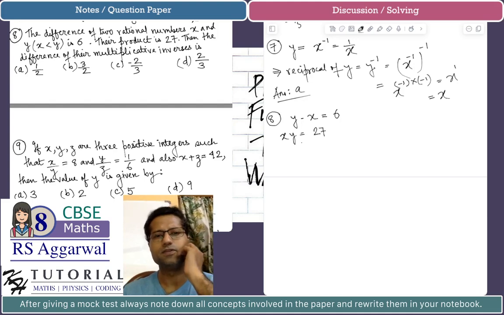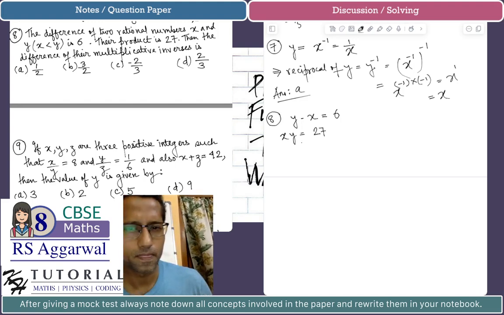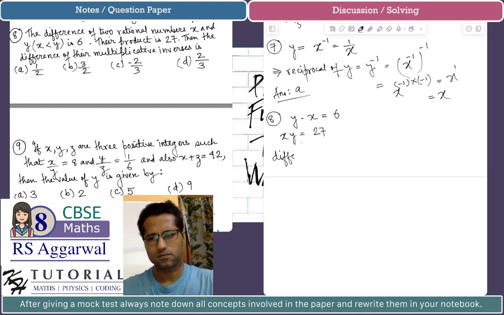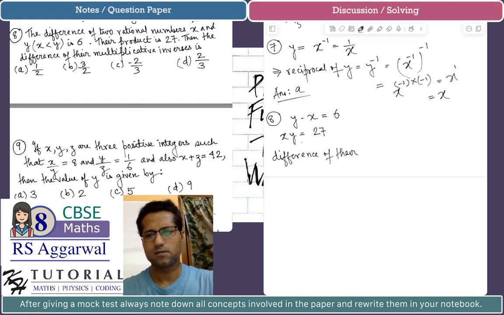Then the difference of their multiplicative inverses. Multiplicative inverse means reciprocals.